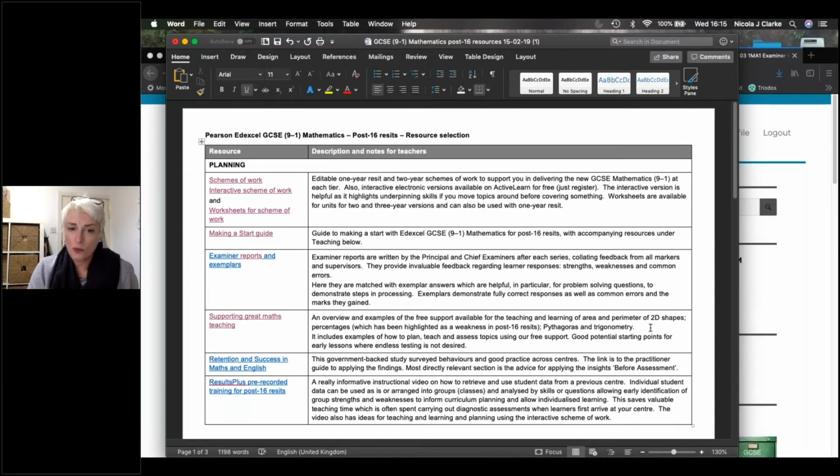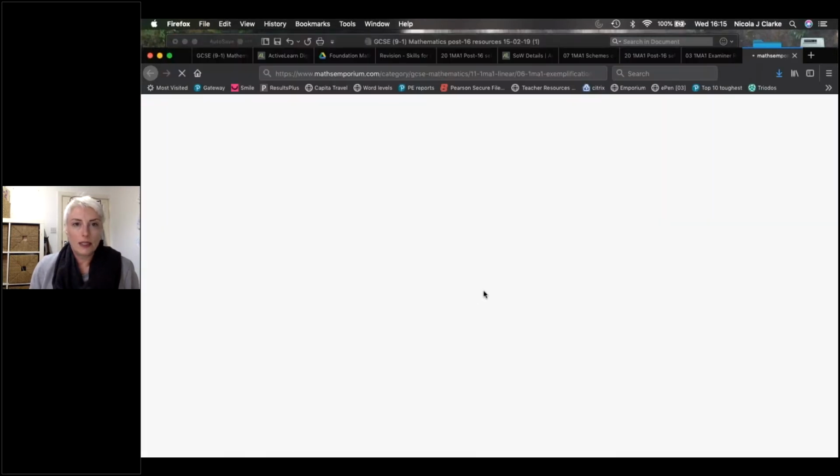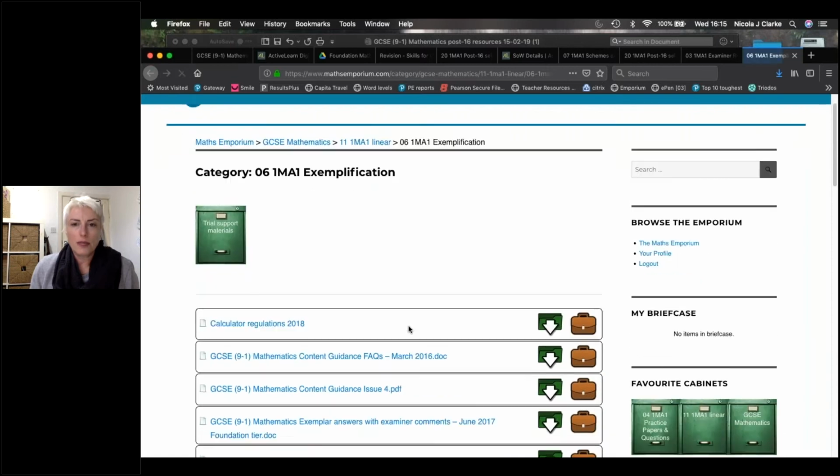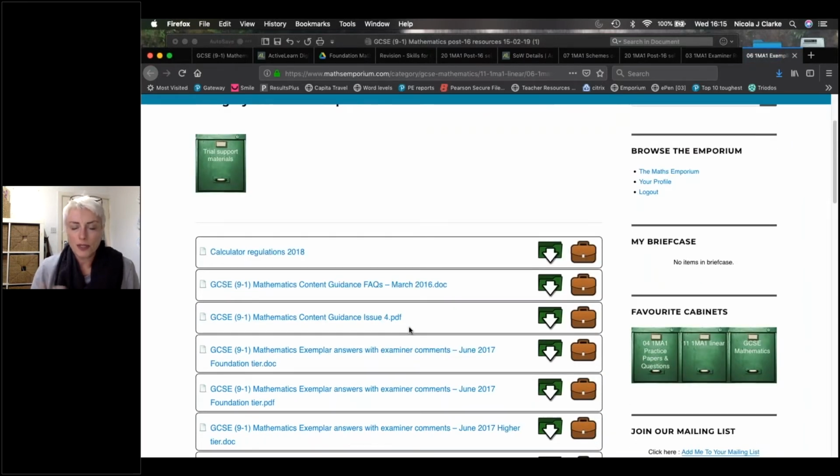Percentages is one of the topics that has been highlighted as a weakness in post-16 research, alongside metric conversions and fractions. So these are quite good in terms of planning for early teaching, I would say. When students come to you in September, October, and you're trying to avoid too much diagnostic testing at that point, we know these are weaker areas, so they're really good starting points, I would suggest.